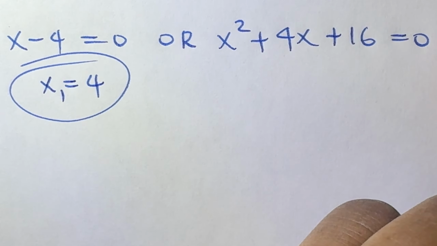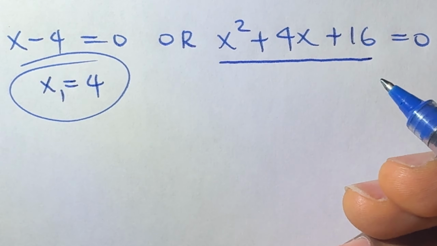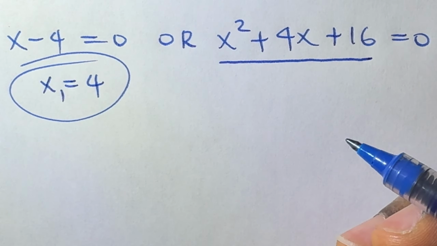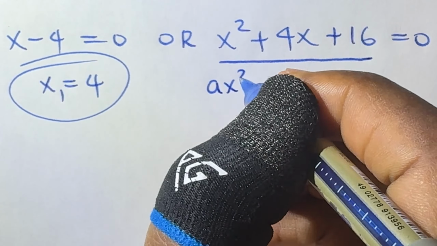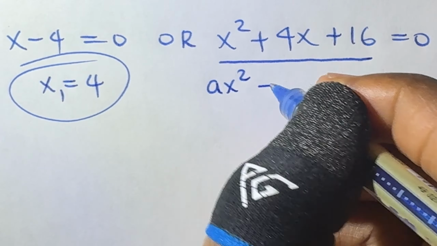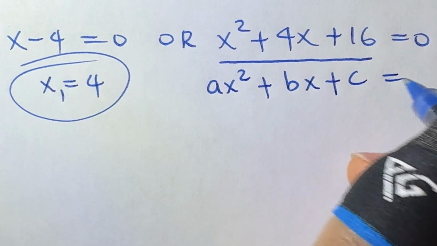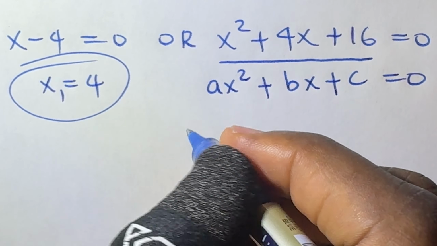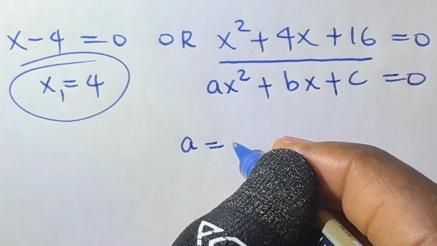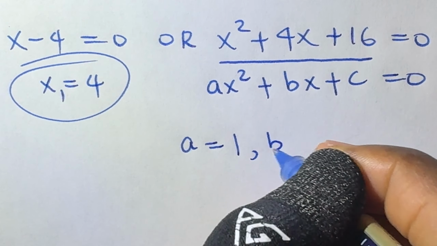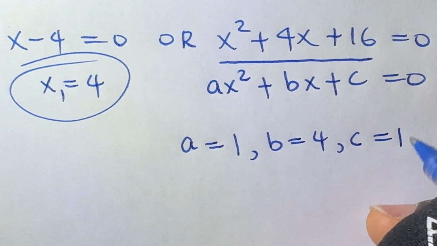We call it x1. Now we need to solve this quadratic equation to get two more values from this first case. I'll compare this with the general quadratic equation ax squared plus bx plus c is equal to 0. From here we can clearly see that a, which is the coefficient of x squared, is 1, b is 4, and c is 16.